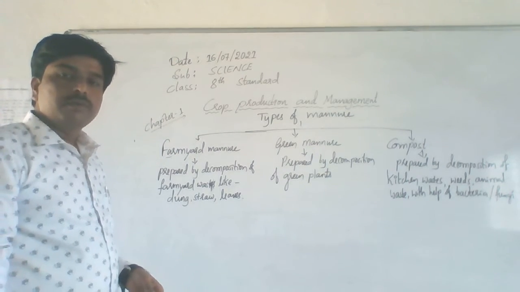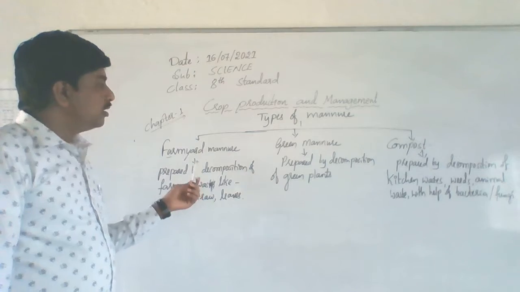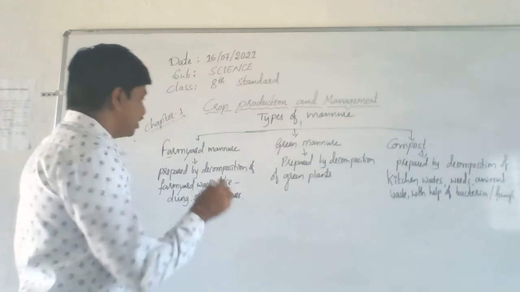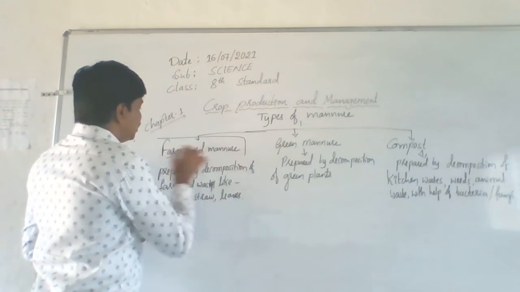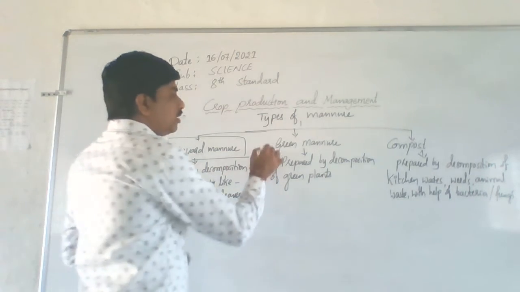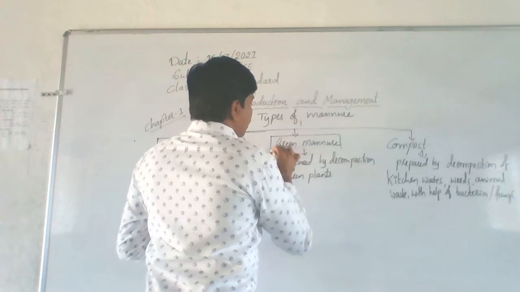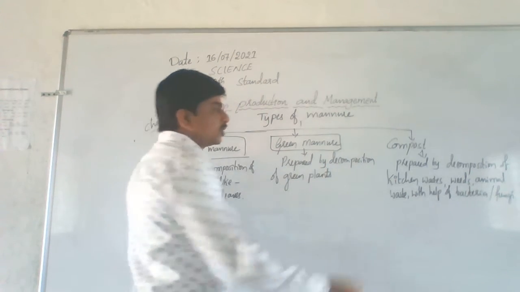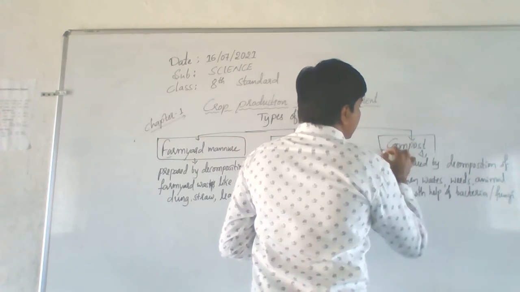There are three main types of manures. First one, farmyard manure. Second one, green manure. Third one, compost.